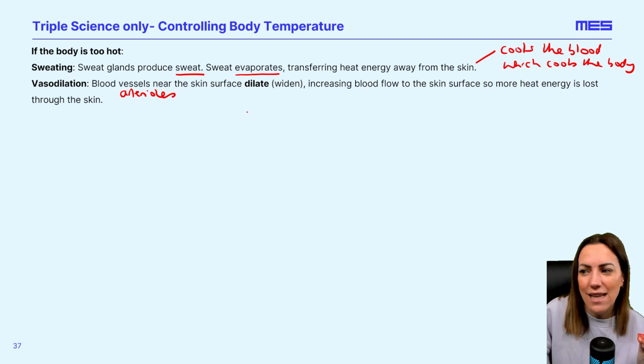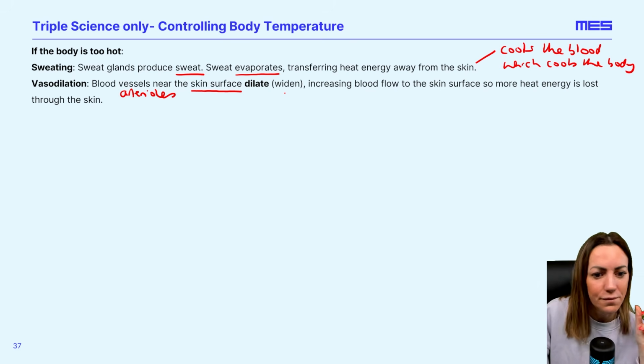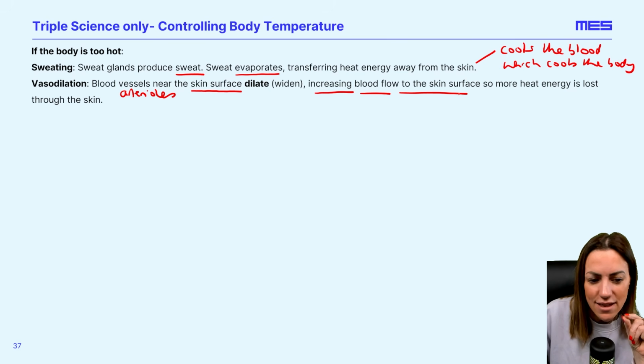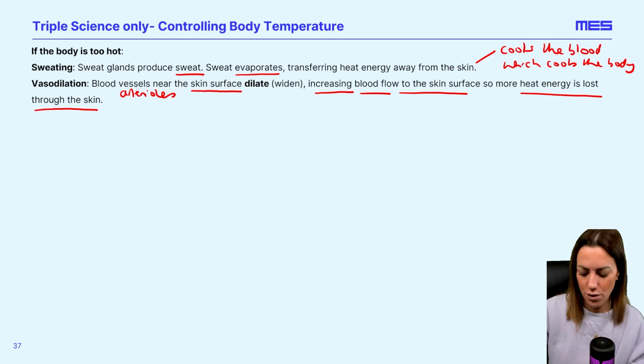We have to say it's the blood vessels near to the skin surface that dilate or widen. Not the rest, just the ones near to your skin surface. Why? Well, if the blood vessels supplying your skin widen, that will increase blood flow to the skin surface. And if we increase blood flow to the skin surface, more heat energy will be lost through the skin, or more heat energy will radiate out through your skin.